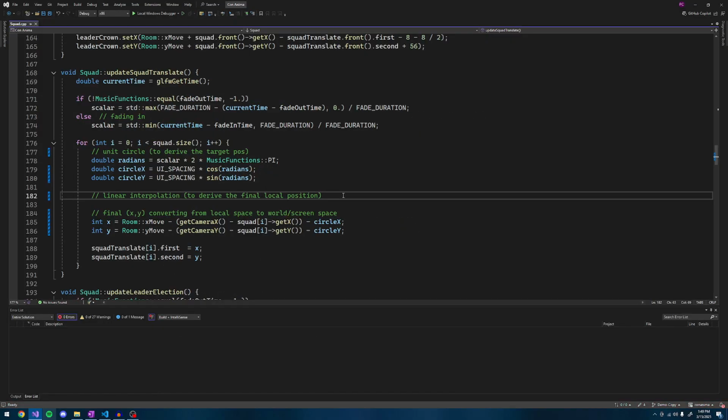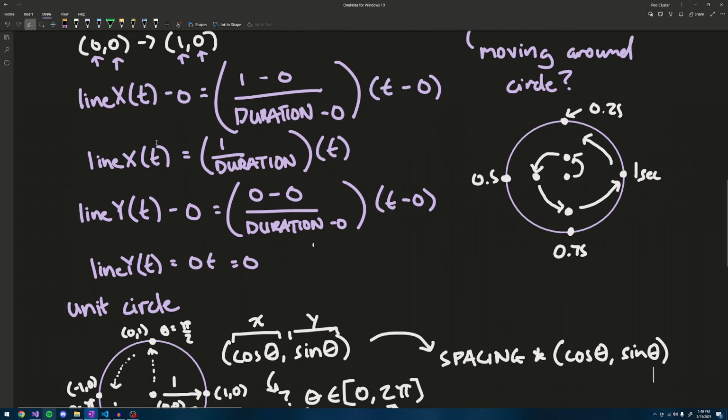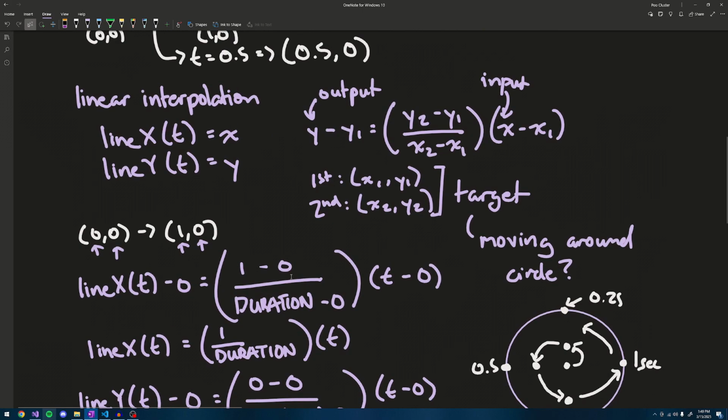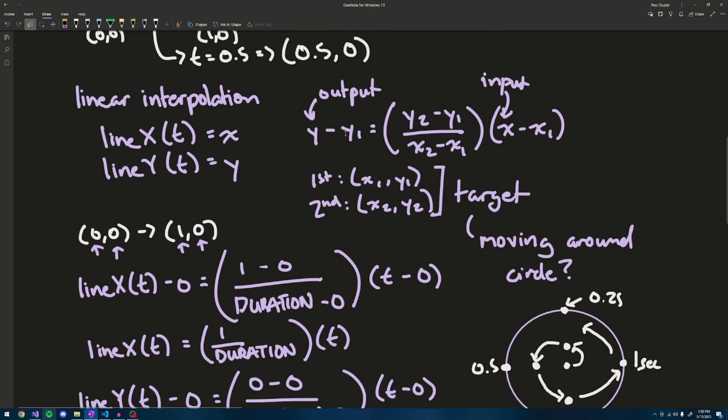Okay, now let's also do the linear interpolation. I'll call it line x, because remember from here we defined it as line x and line y. In terms of the equation here, we know that the y's are in terms of position.